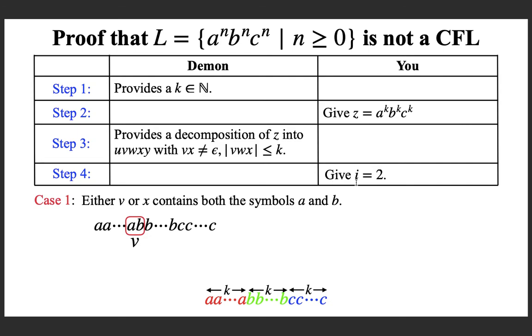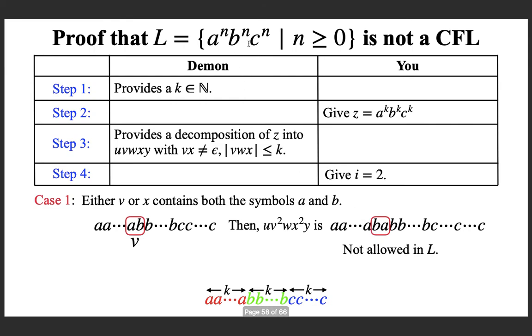Now you are substituting i as 2, so you have to look at this string, and because you are considering a repetition of AB, the resulting string will look like this: AB because v squared. Now see that in this string you are getting an A after a B, which is not allowed in the language, and hence in that particular case you are proving that the resulting string is not in the language.